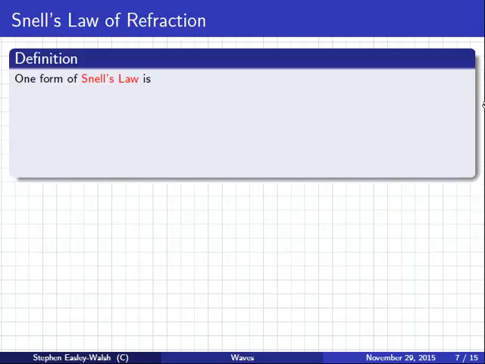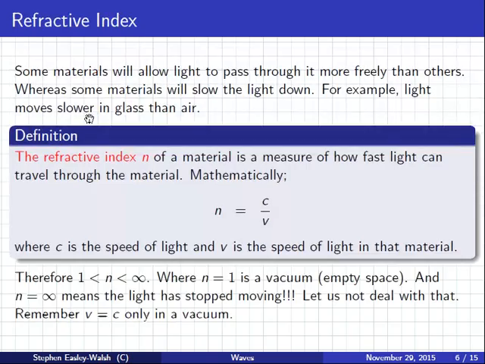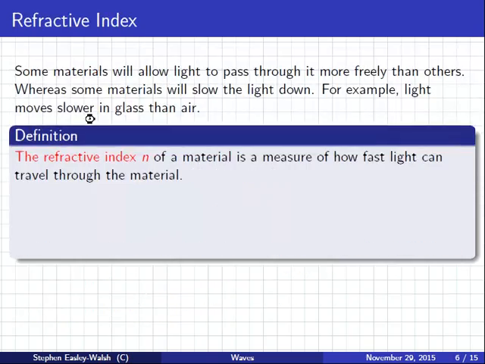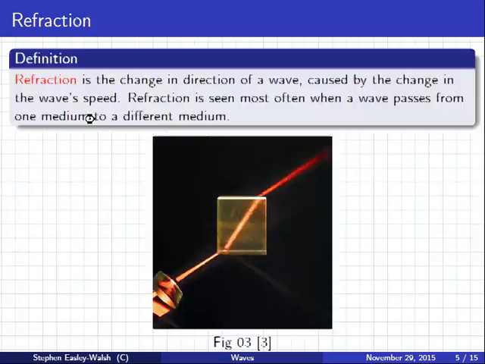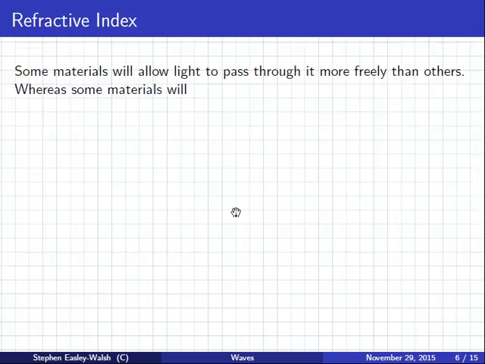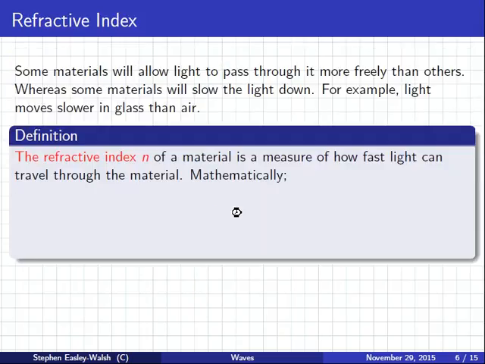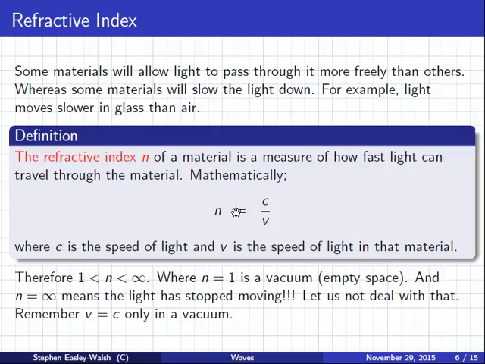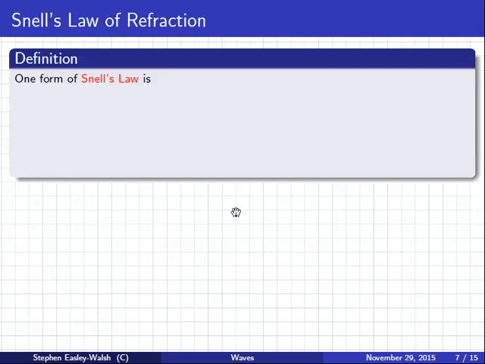Right, so we have this law called Snell's Law, and Snell's Law helps us to calculate the angles here. So, Snell said, one form of it is that sine theta 1 over sine theta 2 equals n2 over n1.